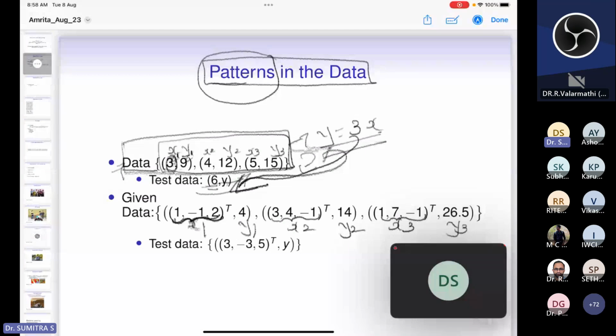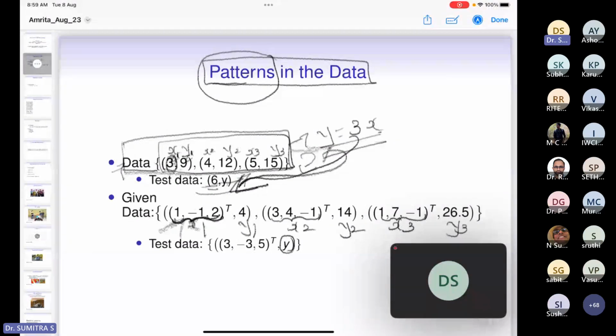Now I will show you the data. If I ask you the answer for this one, things have become a little bit complicated. It is not as easy as the first one. You may wonder what is going on, whether there is a relationship. You will search for a pen and paper to write out what is going on.